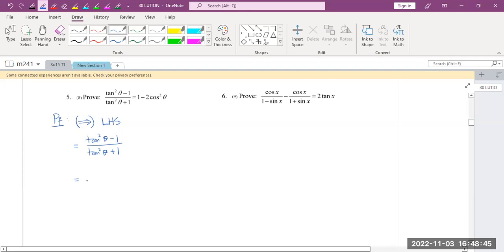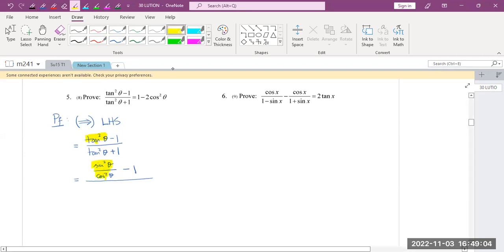So I will rewrite this into sine and cosine. Tangent squared theta is sine squared theta over cosine squared theta, minus 1. And then on the denominator, I work on this one here.